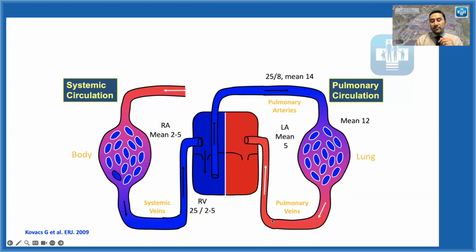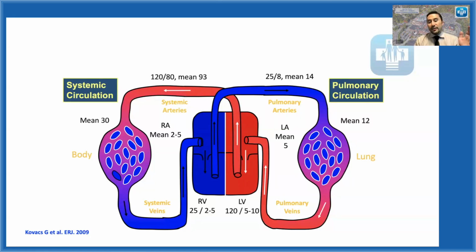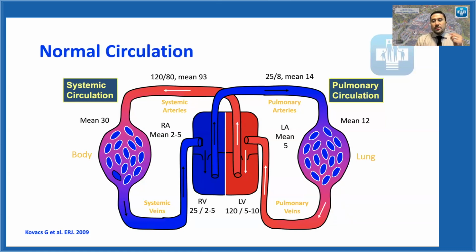And then the pulmonary veins will return blood to the left atrium, then to the left ventricle, and then the left ventricle would push blood to the rest of the body. So that completes what we call the heart and lung circuit. And that's what we expect to happen in a normal circulation.